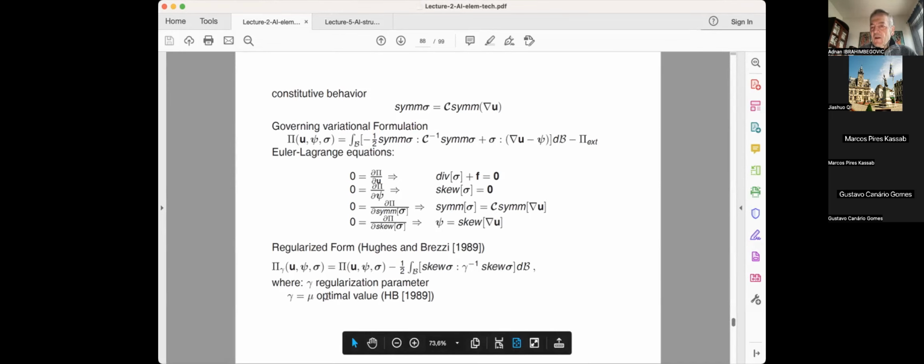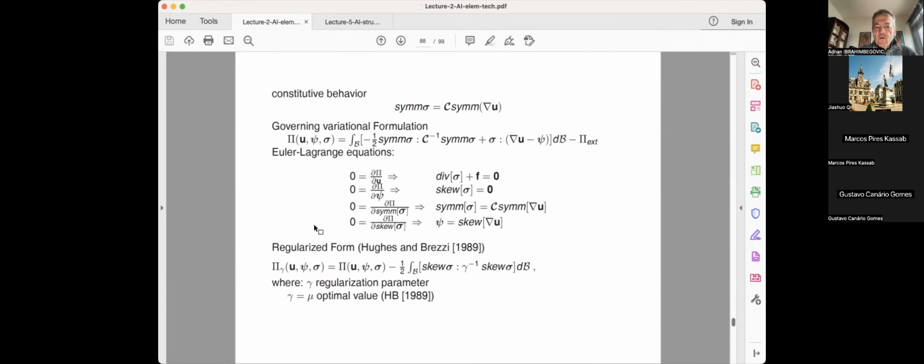Basically the optimal value in their analysis turned out to be the shear modulus. So intuitively it's not so strange. Your regularized variational formulation with index gamma becomes the one on top, minus 1/2 skew symmetric sigma dot gamma^-1 times skew symmetric sigma.